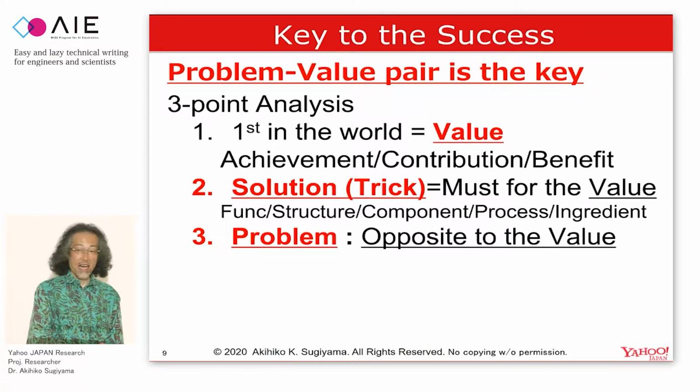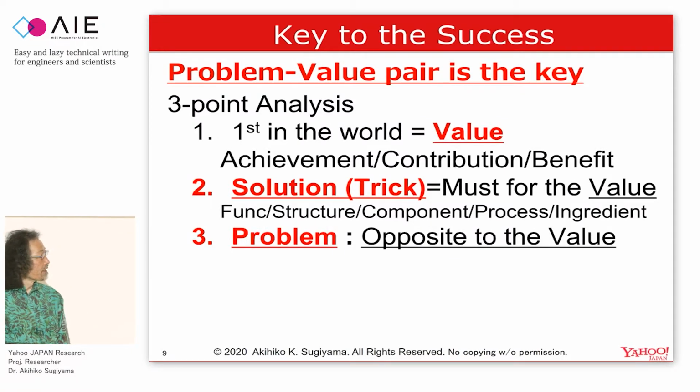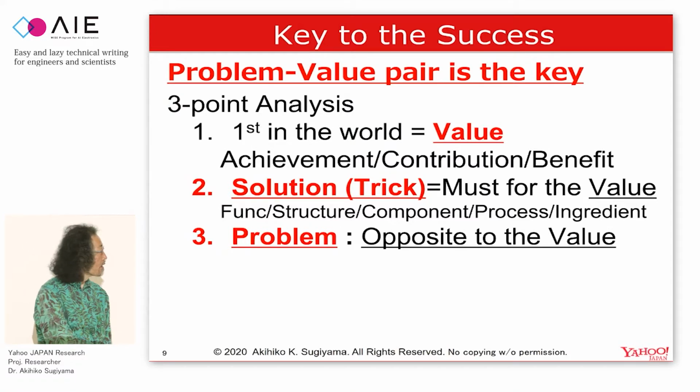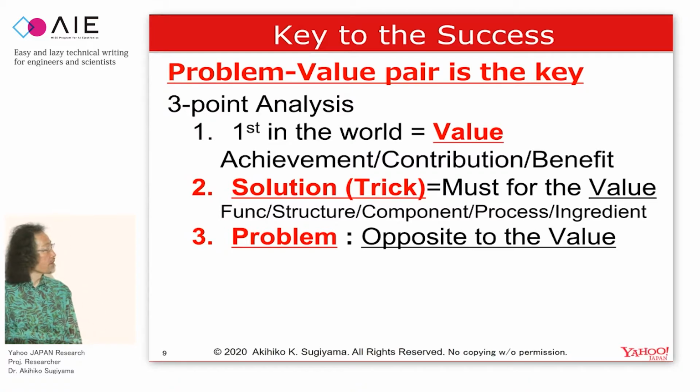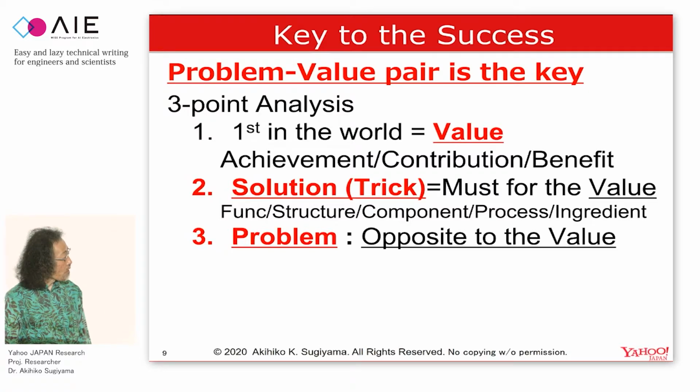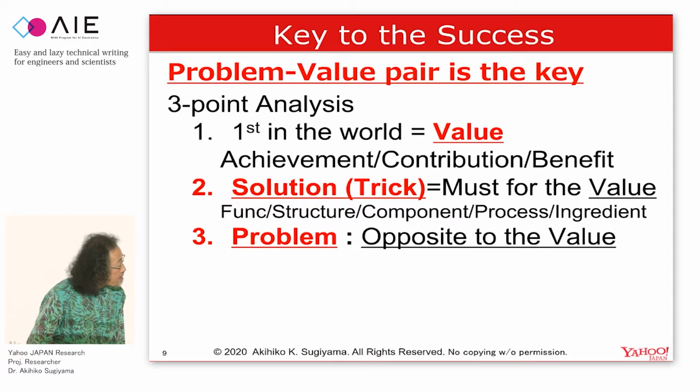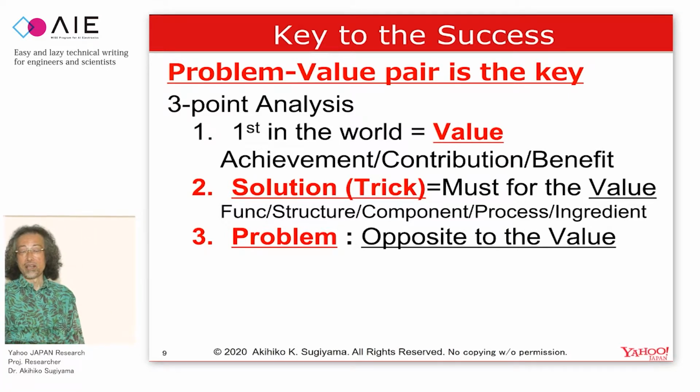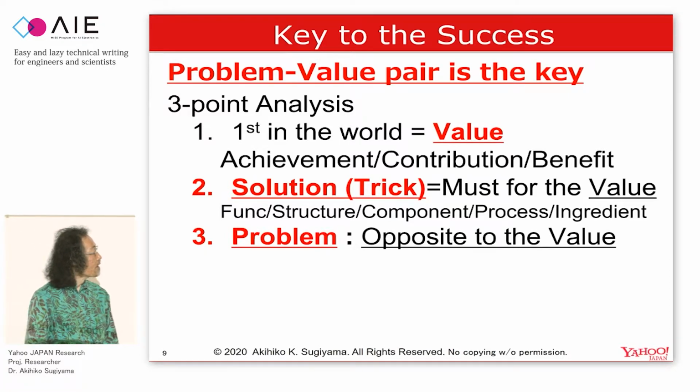This is a must for the value. Because of this trick, you can achieve this value. That is what solution or trick means. It may include a new function, a structure, component, a process, or ingredient when you're working on devices or support.